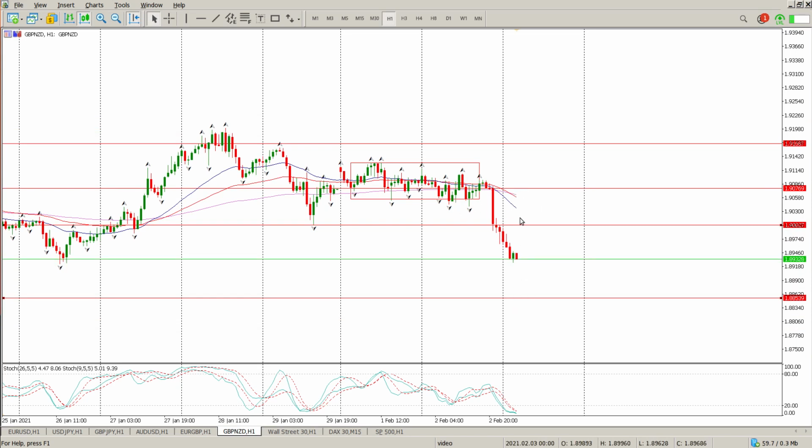So wait for the pullback, find the structure. Right now that's 1.9 on the dot, and if we can get back up there and start rolling, definitely short the high, stop above that high, and then continue down. And I think your next target is definitely going to be 188.539.